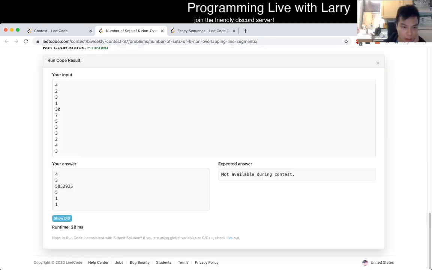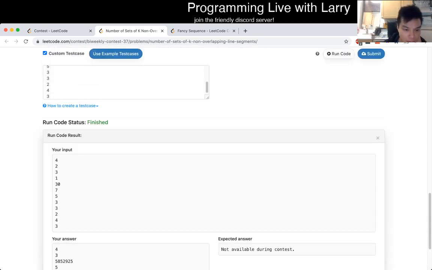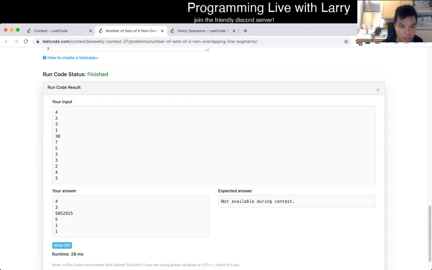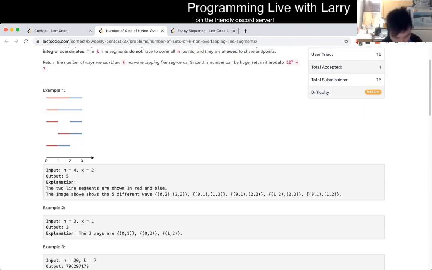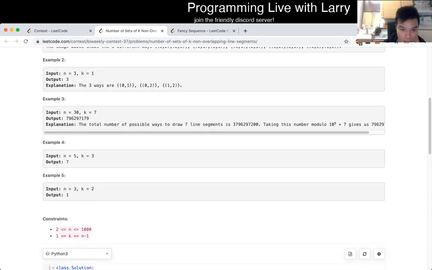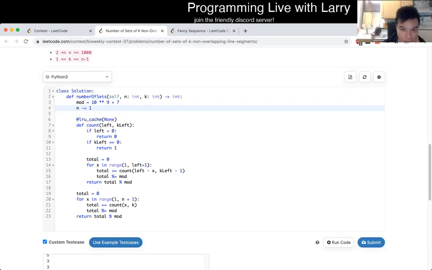Okay, that's correct at least. I'm undercounting because, I'm gonna skip ahead.